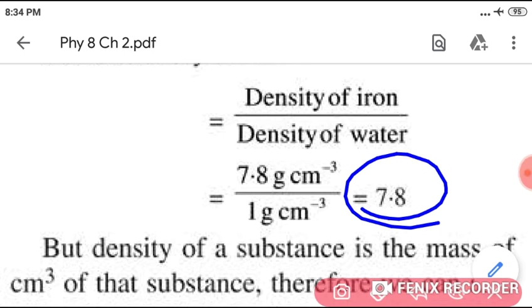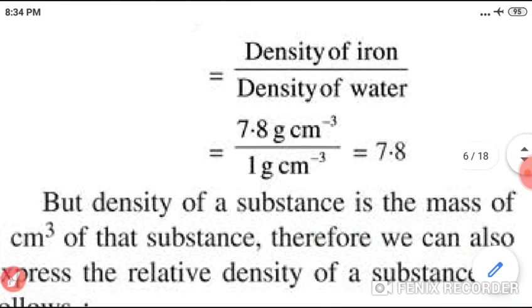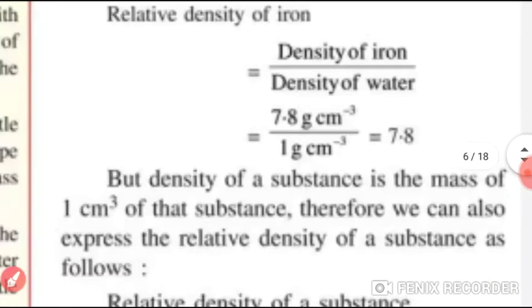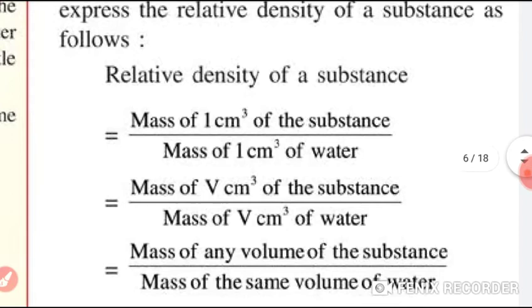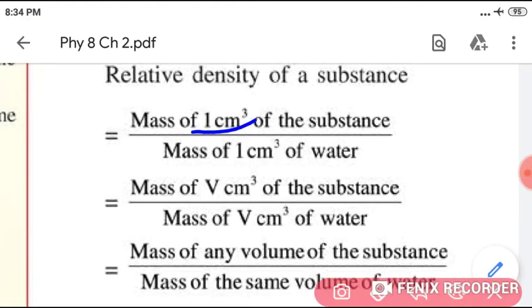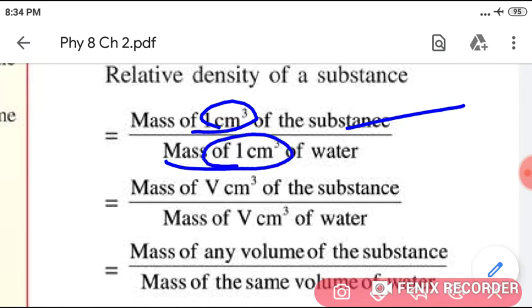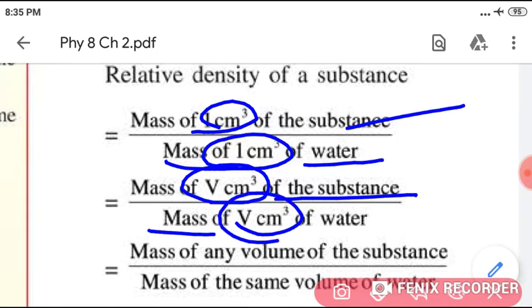Okay. So, students, the density of a substance is the mass of 1 centimeter cube of that substance. Therefore, we can say that the relative density of a substance is the mass of 1 centimeter cube of the substance divided by the mass of 1 centimeter cube of water. That means mass of V centimeter cube of the substance divided by mass of V centimeter cube of water.